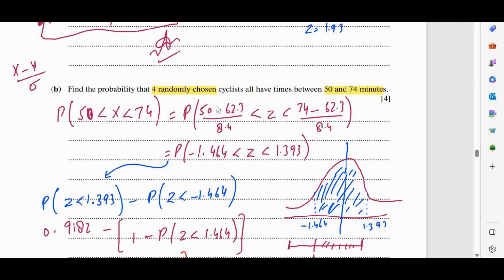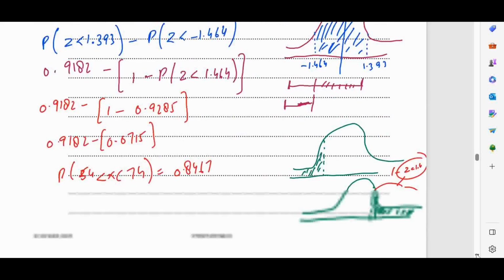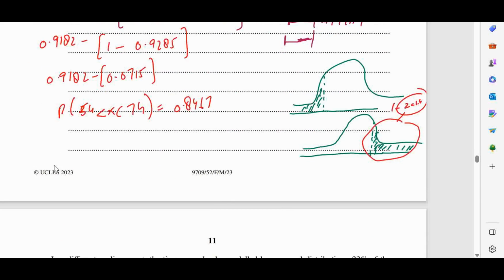Now there is another important point over here: we have to find it for 4 randomly chosen cyclists, not a single one. So it means we have to multiply by 4.